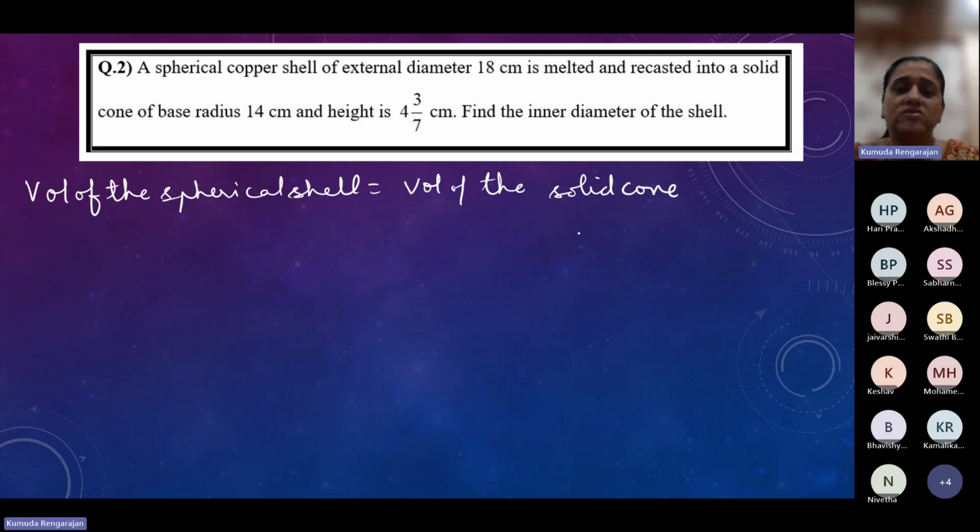Because whenever one solid is melted and recast into another solid, their volumes will be the same, assuming that there is no wastage in the conversion process.